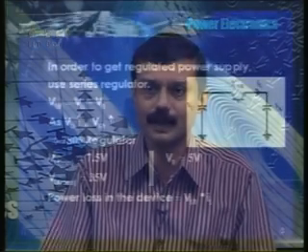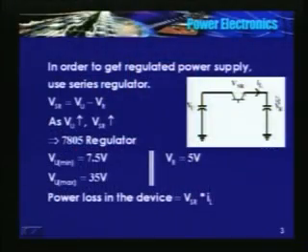Now, here is the circuit: unregulated, series element, regulated. The regulated voltage is supposed to remain constant. I said 7805; if I use it here, the output voltage is maintained at 5 volts, and the unregulated input should be a minimum of 7.5 volts and a maximum of 35 volts.